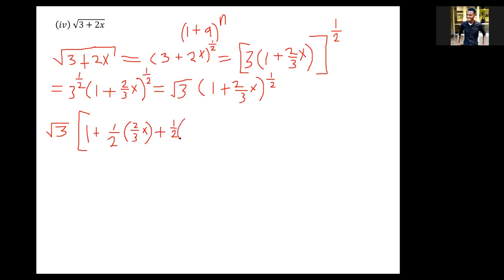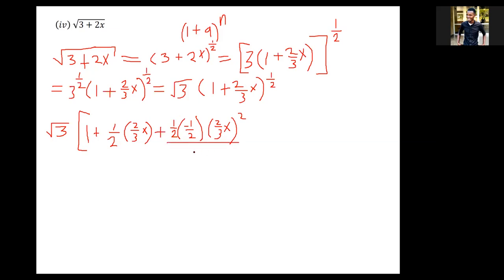And then your n minus 1, which is a half minus 1. So half minus 1, you get something like negative half. So you're going to get negative half there. And then you write your a there. Your a is 2 over 3x, and then everything to the power 2.